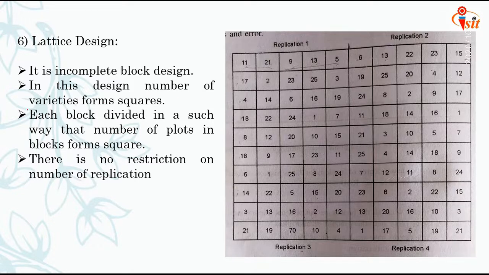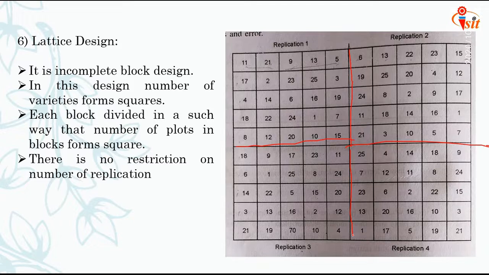In this design, the number of varieties forms a square, and each block is divided in such a way that the number of plots in a block forms a square. So the size of the blocks is square, and the size of the replication is also square. There is no restriction on the number of replications; you can take 4, 5, 6, or even more.